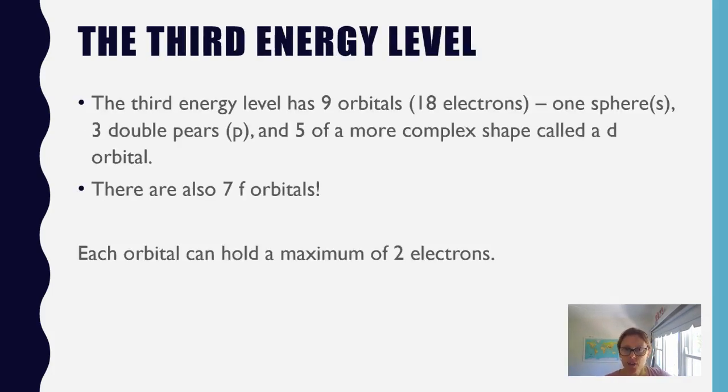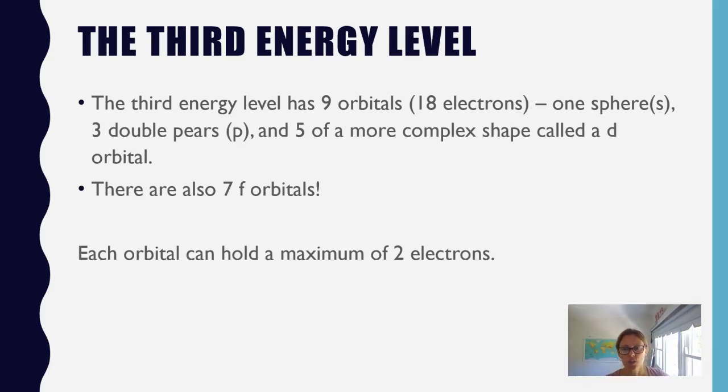Now, with our third energy level, these are far more complex. Their shapes are much more difficult to describe. By all means, research and have a look at what they look like, but we don't need to worry about that. What we do know is it has 9 orbitals in this third energy level.